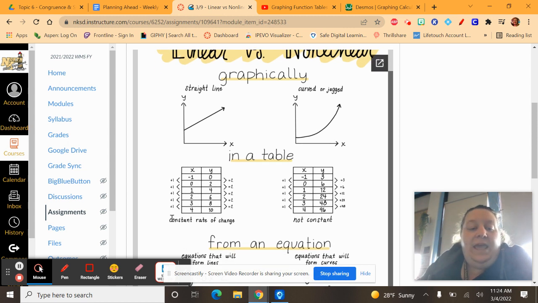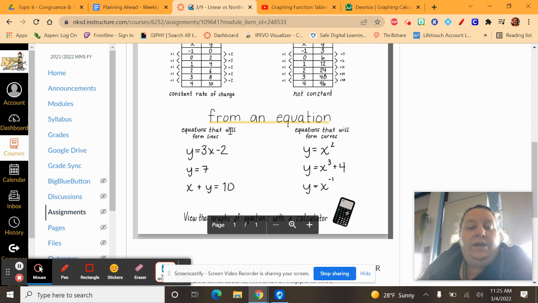In a table, it would have a constant rate of change to be linear. That's what makes it so it has the constant rate and makes it linear. And it would not be constant if I was looking at a table that was nonlinear. For your equations, they will look something like this, where you don't have any exponents, versus this where you do have exponents. So those are the things to look at.